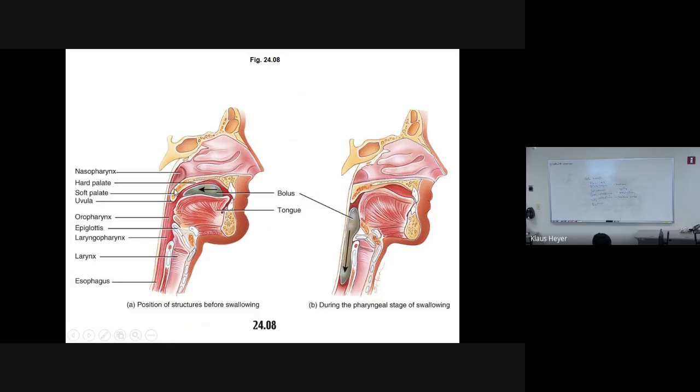So you haven't swallowed the food yet. And then look on this side. The uvula has blocked your nasal passages here, and your epiglottis has closed, blocked off the trachea. So the food cannot go up, the food cannot go down your trachea, it has to go down the esophagus.